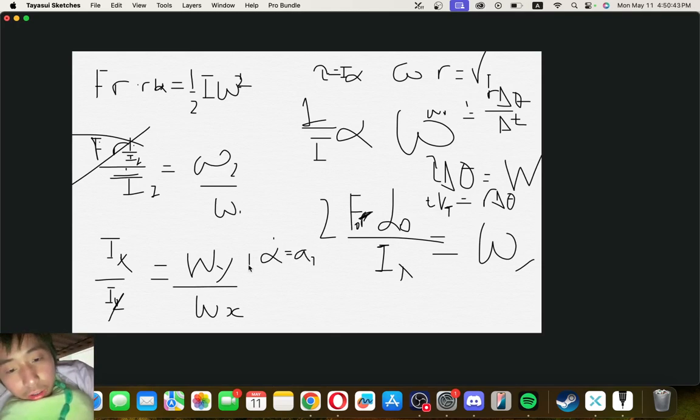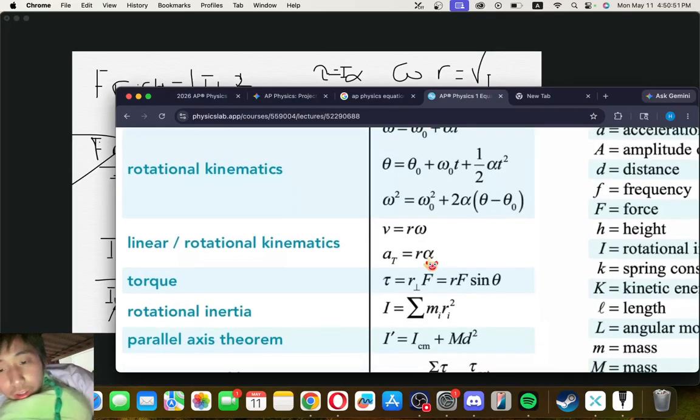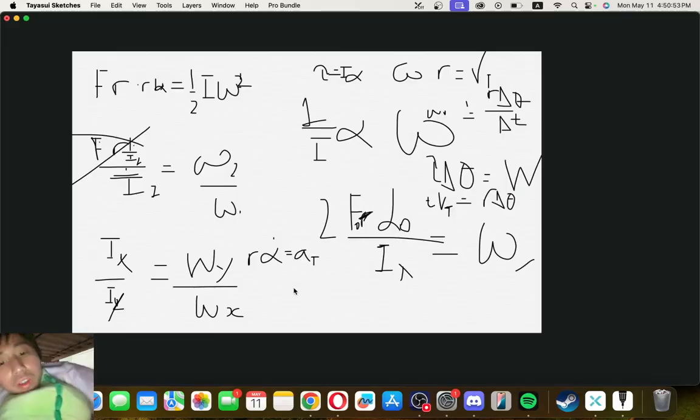I think it's R times alpha equals A tangent. Right? Yeah, okay, I was right. And so A tangent equals omega squared R over R. Cancel that out.